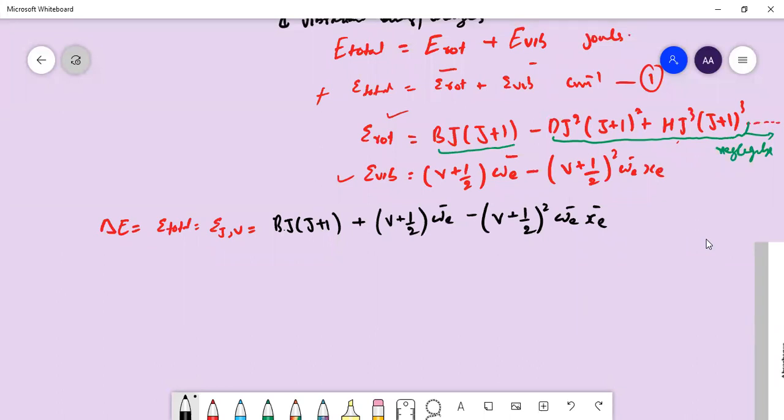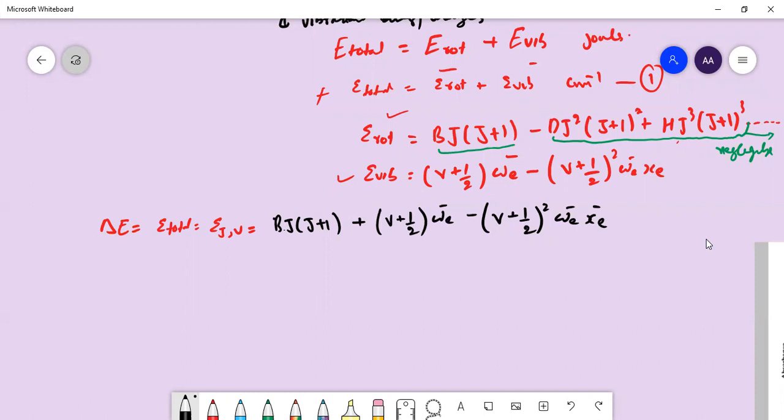So we have an equation here, which is the total sum of the vibrational as well as rotational energy. Now I can apply the selection rules here, from which we will get an equation for the vibration-rotation spectrum of a diatomic molecule.